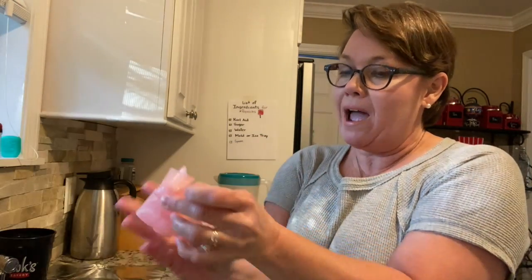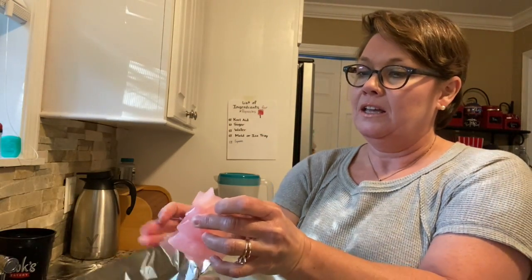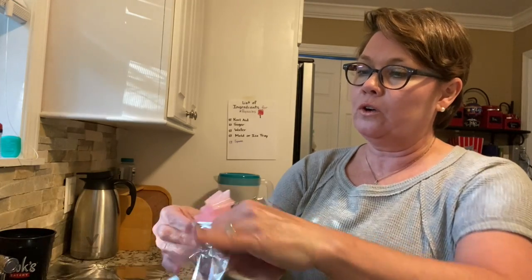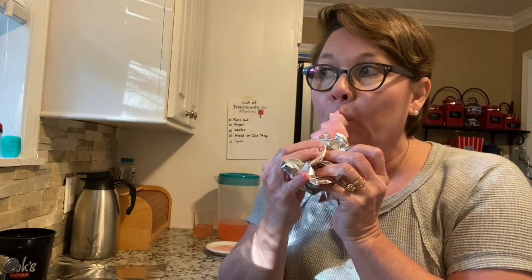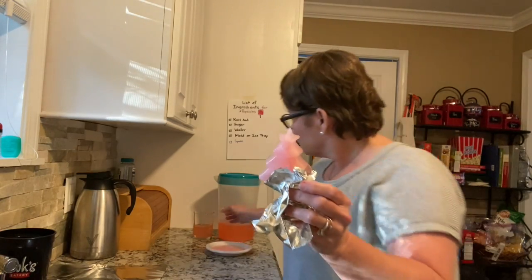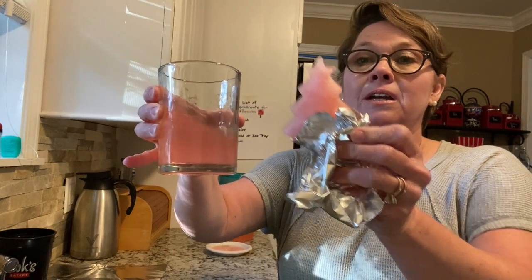You could just wrap it in a little piece of aluminum foil so that you could hold it very well. And you could just eat that popsicle. It's super, super good. Wow. So it changed from a liquid to a solid because we put it in the refrigerator freezer and made it super cold.